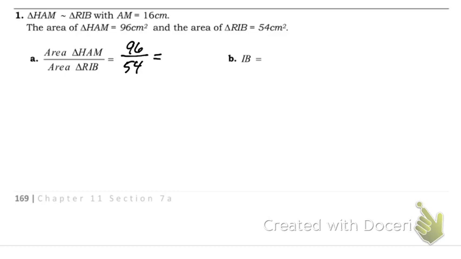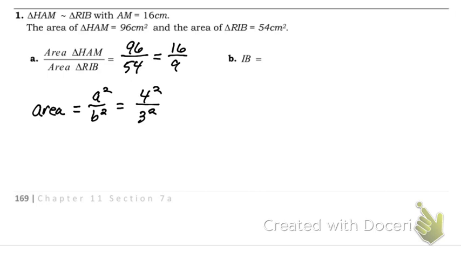Can someone simplify that for me? Especially since there are twos that I could take out of there. Akshay? 16 over 9. 4 squared over 3 squared. It is going to be. So remember, our area ratio is A squared over B squared, so this would be 4 squared over 3 squared.